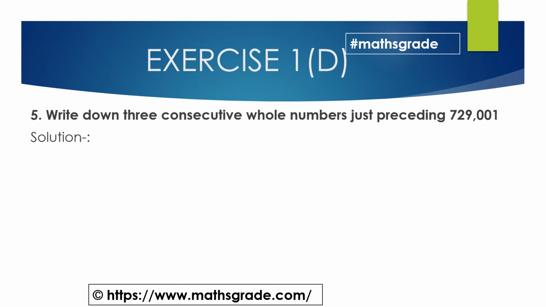Now question number 5. Question number 5 is: write down 3 consecutive whole numbers just preceding 729001. We know the preceding number can be obtained by subtracting 1 from that number. So the preceding number of 729,001 will be 729,001 minus 1.